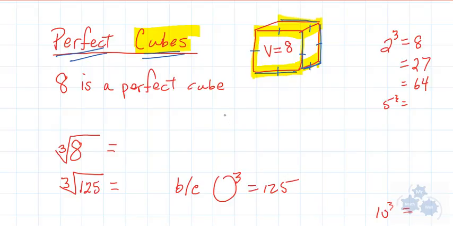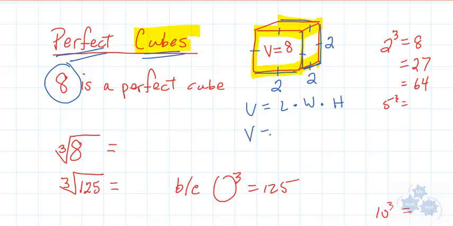Now, there are some perfect cube numbers as well as perfect square numbers. Perfect cube numbers, like 8, is a perfect cube because you can take the same whole number and multiply it by itself 3 times. If you were to find the volume of this perfect cube, you remember from math and from science that the volume of a cube is length times width times height.